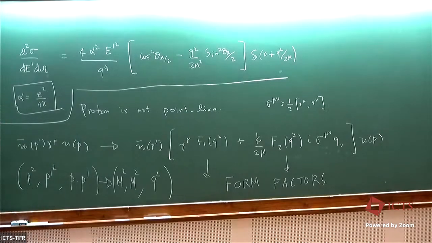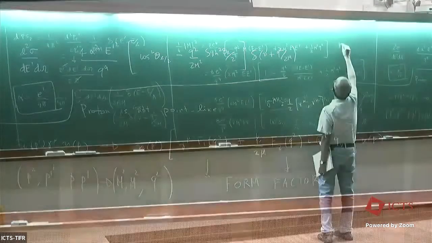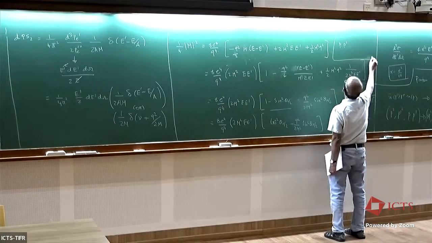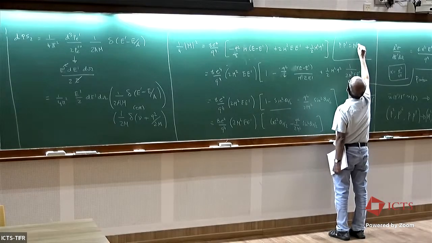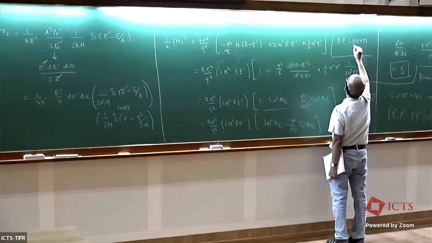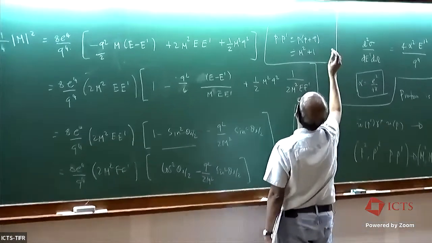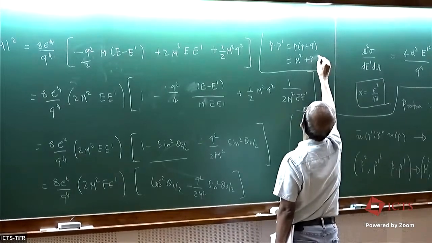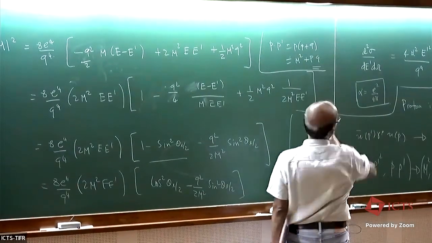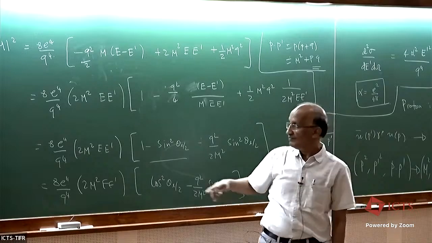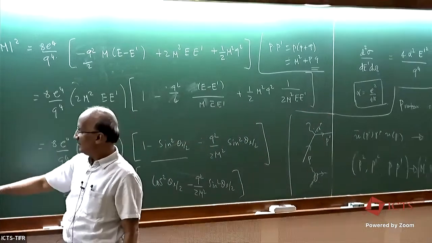Okay, p dot p prime, you can write in terms of p dot q, right? p prime is p plus q. So this is m square plus p dot q. Again, p dot q you can write in terms of q square, through nu, which is p dot q.